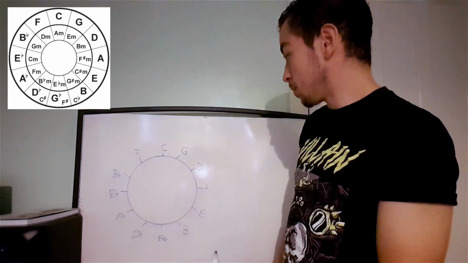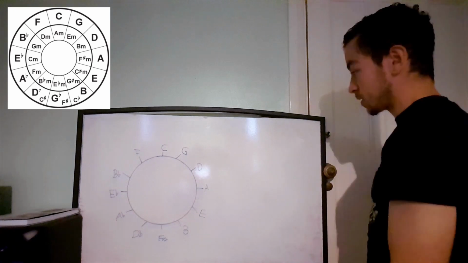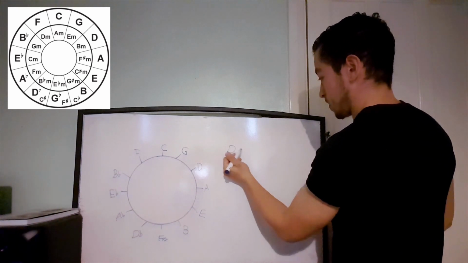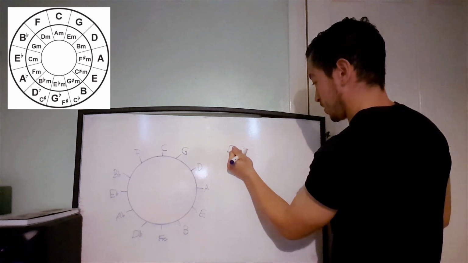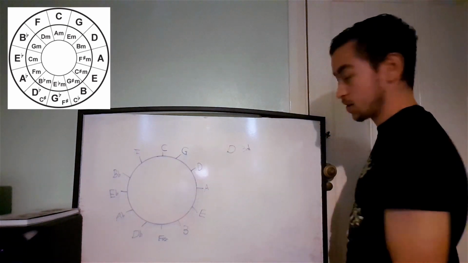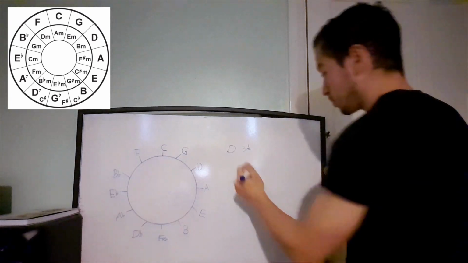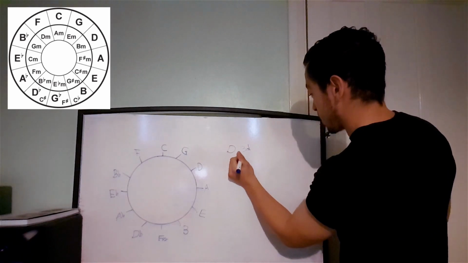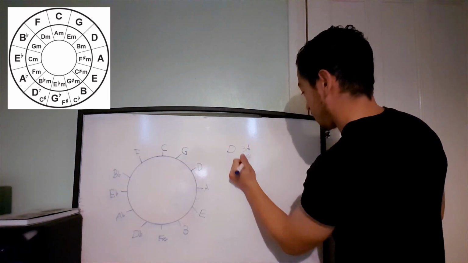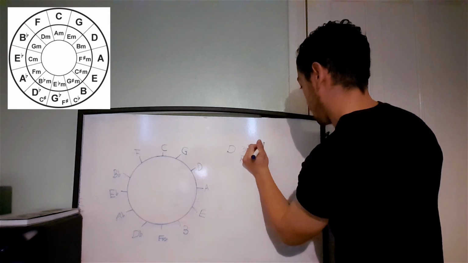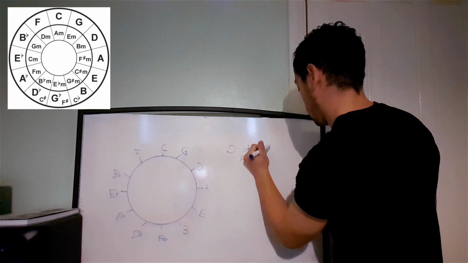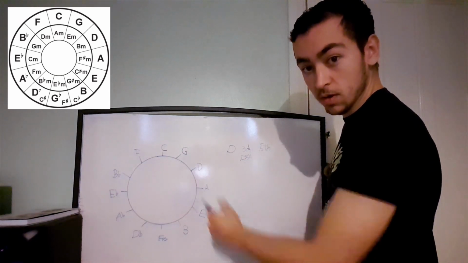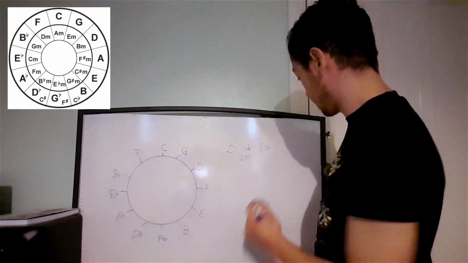So for example, if we wanted to find the notes of the D chord, we've got D, you're going to have your third here, which unfortunately you can't use the circle of fifths to figure out, but you would just go up 4 frets and that would create an F sharp, and then our fifth would be A, because it's just one note along clockwise in the circle of fifths.